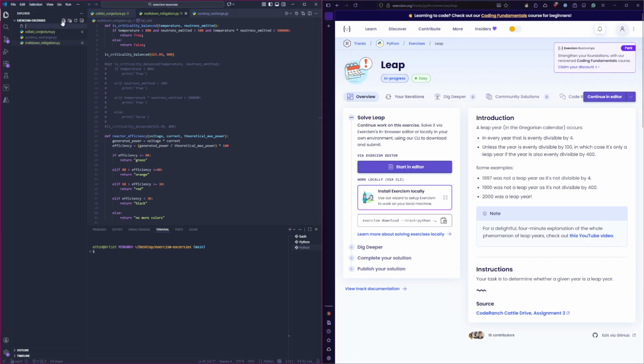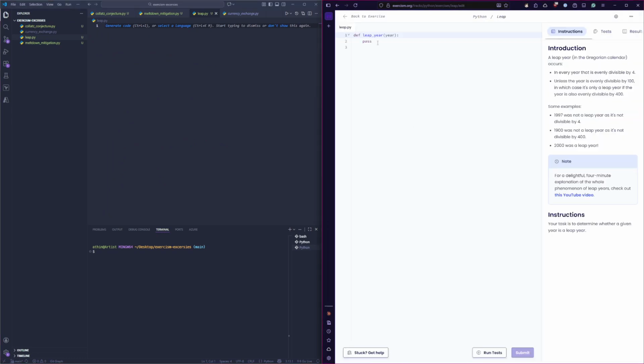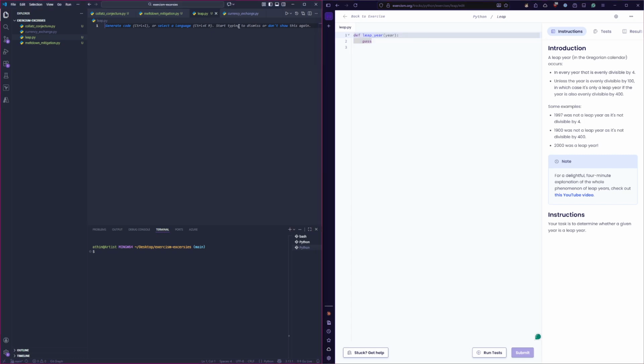So let's just call it leap. And basically it's going to give a year, and I have to determine if it's a leap year or not.